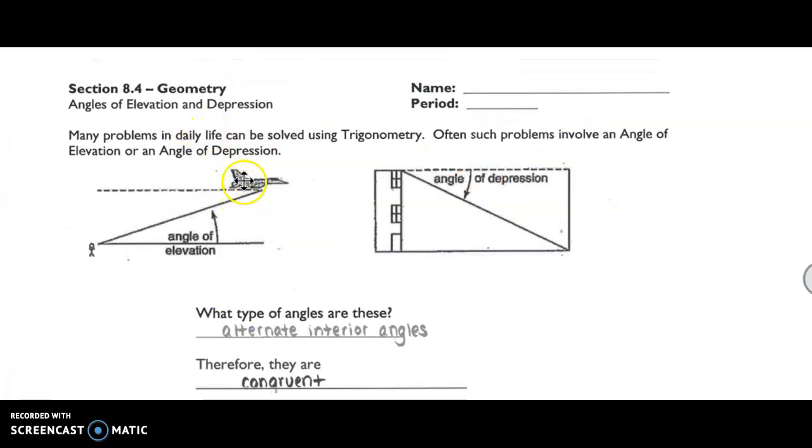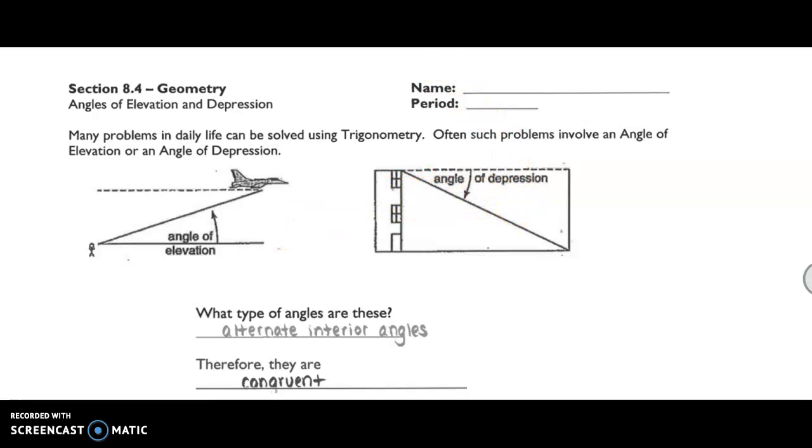All right, in 8.4, we're going to look at angles of elevation and depression. All right, angle of elevation is when you're looking straight across, right, and then if you look upwards, the angle that's formed is the angle of elevation, okay? The angle of depression is if you were to look down, okay? Notice it's not the angle inside the triangle, right?